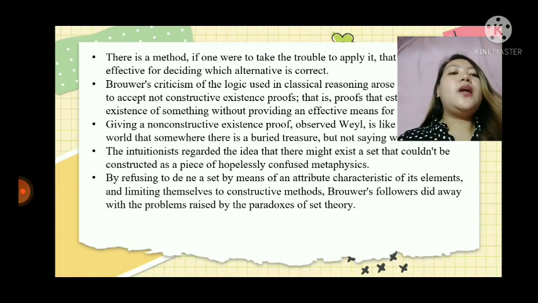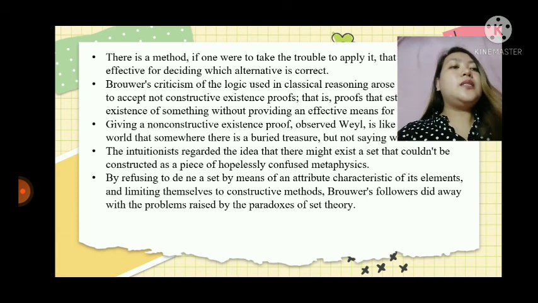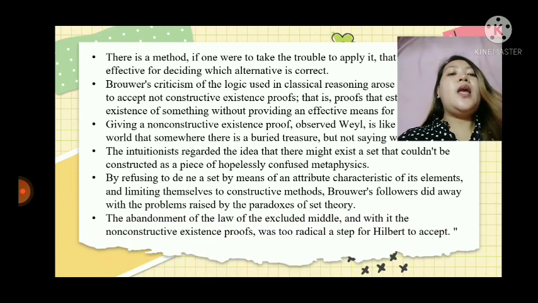By refusing to define a set by means of an attribute characteristic of its elements, and limiting themselves to constructive methods, Brouwer's followers did away with the problems raised by the paradoxes of set theory. The abandonment of the law of the excluded middle and of nonconstructive existence proofs was too radical a step for Hilbert to accept.